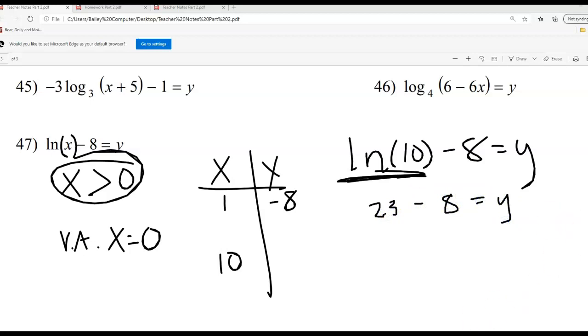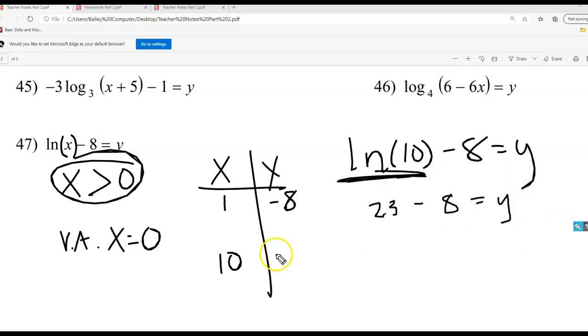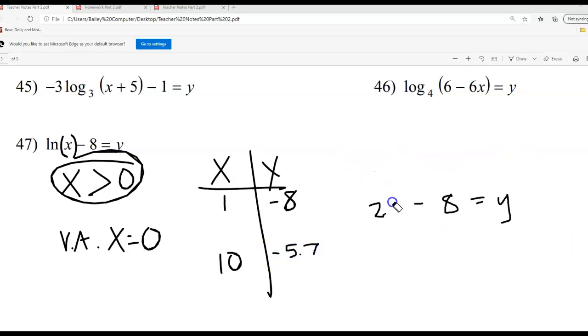Then we do the subtraction, 2.3 minus 8, getting -5.7. So ln is actually a little bit easier because you don't need to use the change of base. You can just use the ln button on your calculator.